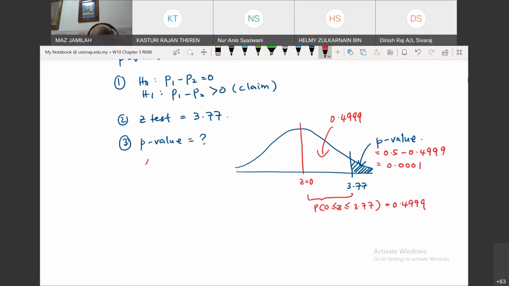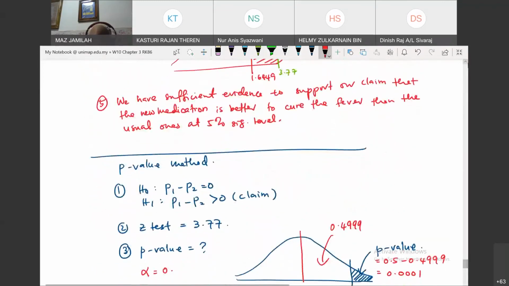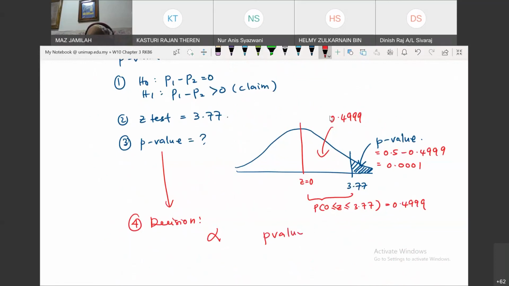Okay, now how to make a decision? My alpha, what is my alpha just now? 0.05. Okay, number 4, decision. In order to make a decision, alpha will be compared with the p-value.